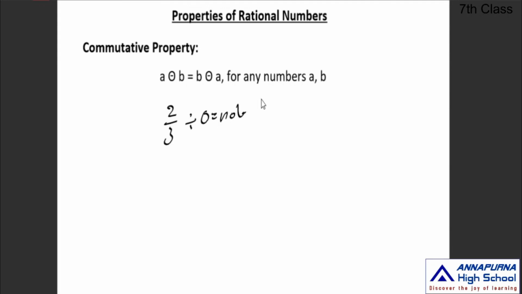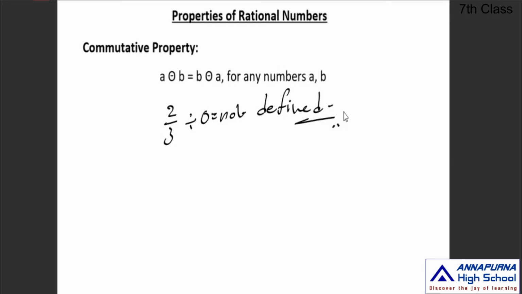We are not defining the value of this division. So the division is not possible. Then why verify that property in this situation? It is very clear. The collection of rational numbers does not satisfy the commutative property with respect to division. No need to verify, because in some cases the division is not possible.